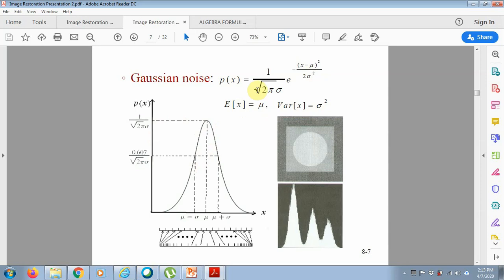For the highest amplitude you will have 1 upon root of 2 pi sigma, and for this level you will have 0.607 upon root of 2 pi sigma.